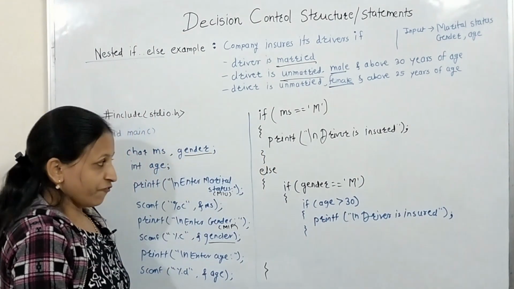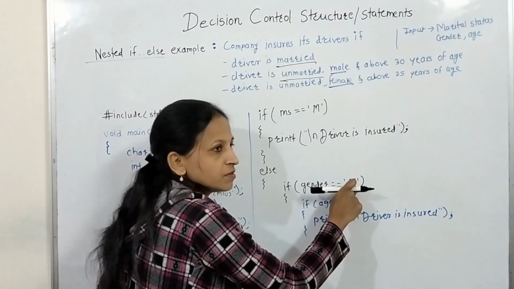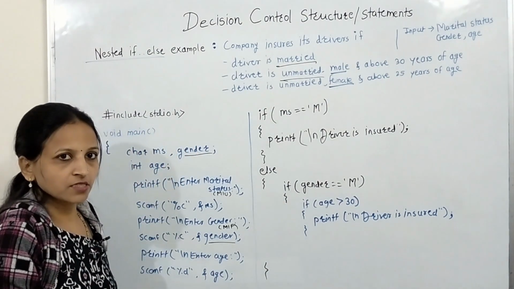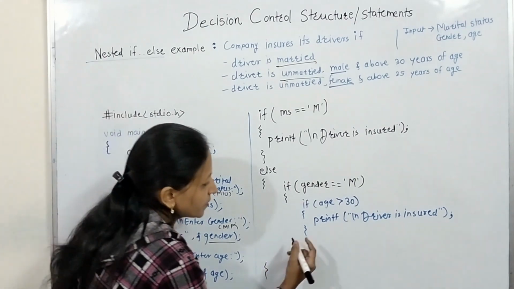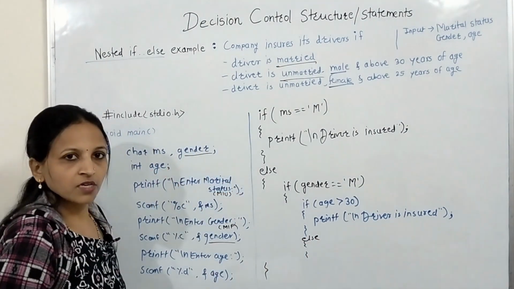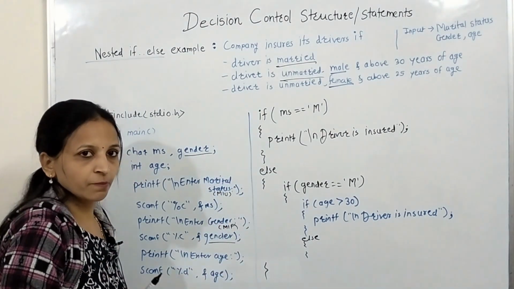Now see here, if gender is male but age is not greater than 30, it means definitely it is less than or equal to 30, so we are here in this else block. Now just match the braces always, just keep in mind.